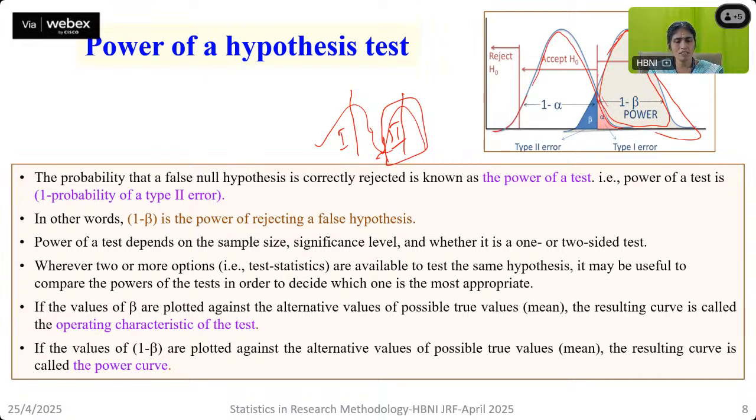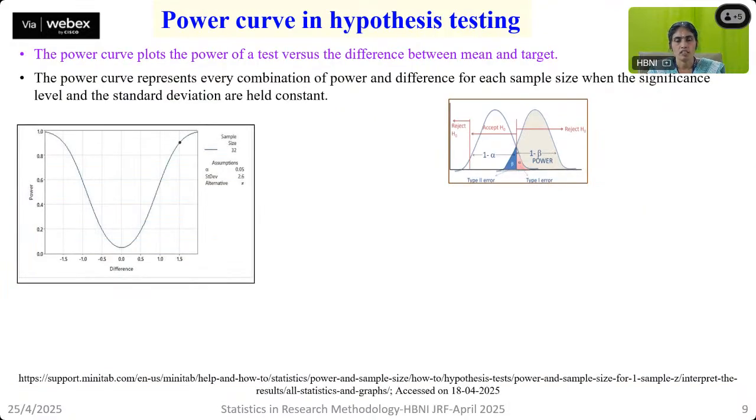If we plot the beta values against the alternate possible values, difference between the mean and the true value, then this resulting curve is called operating characteristics. If we plot 1 minus beta versus the difference between measured value and true value, then it is called power of a hypothesis test. So we will see the power curve more in detail in this class.